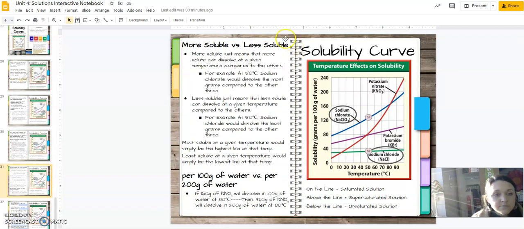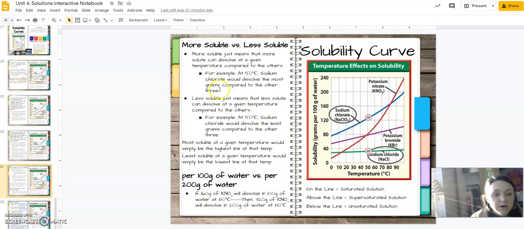Okay, so let's talk about more soluble or less soluble. More soluble means that more solute can dissolve. So at 50 degrees, we have about, let's see, 38 or 39 grams of sodium chloride that can dissolve, about 80 grams of KBr and KNO3, and then about 120 grams of NaClO3 at that temperature.